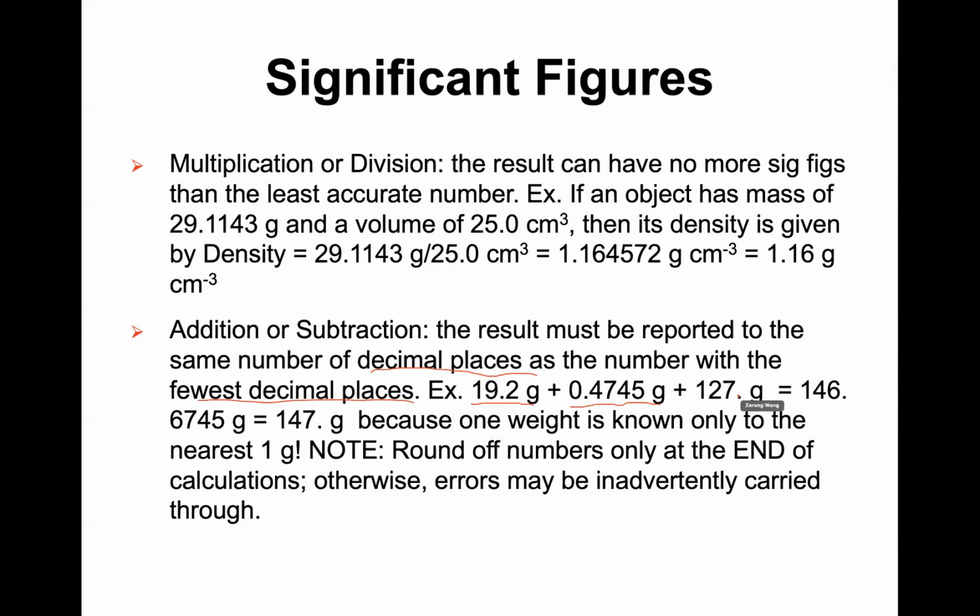After you add them together, the result is 146.6745. The last digit will be estimated and the others accurate. But one component before the addition can only be accurate up to this level, so no matter how accurate the other numbers added to it are, everything after that is meaningless. So you have to keep only up to this level.